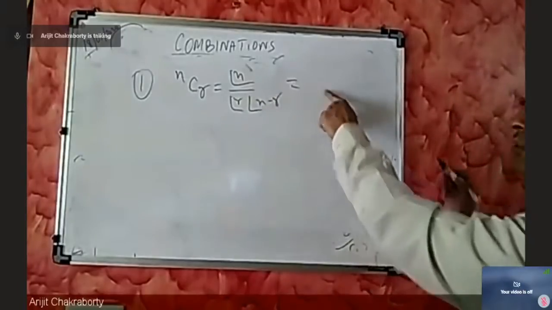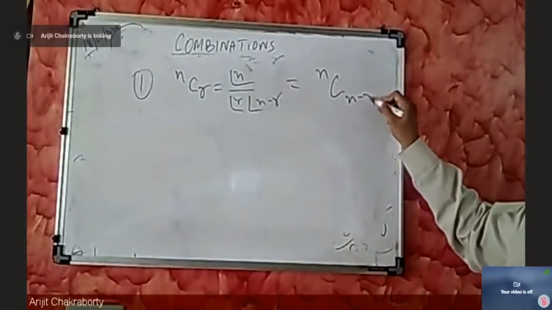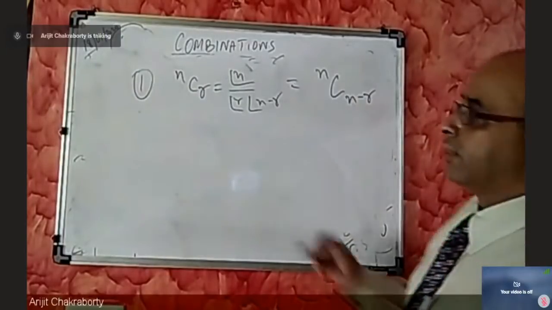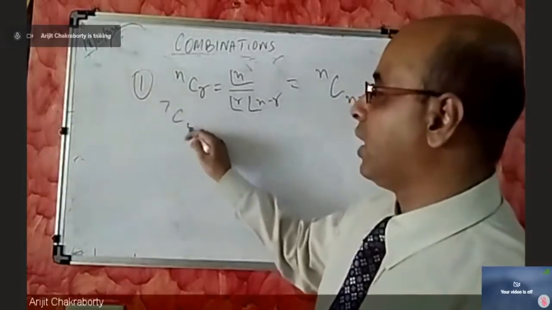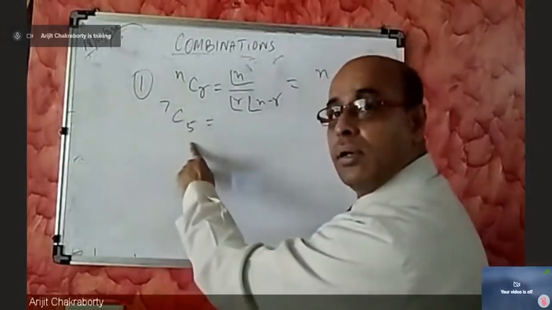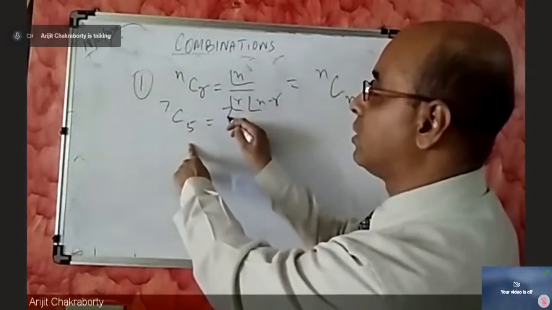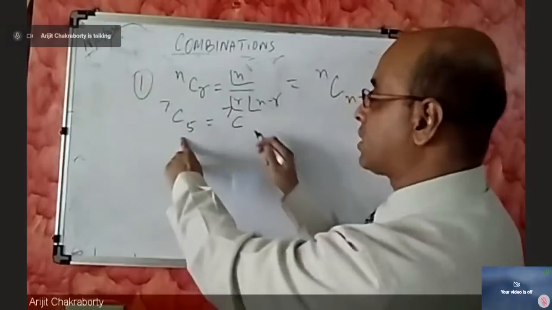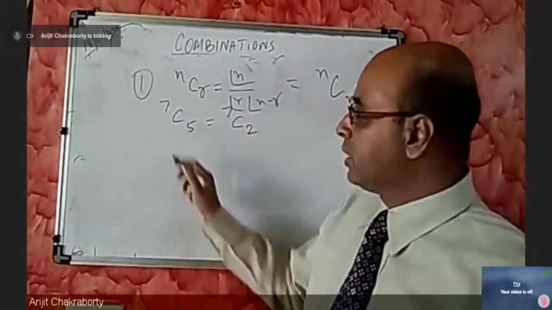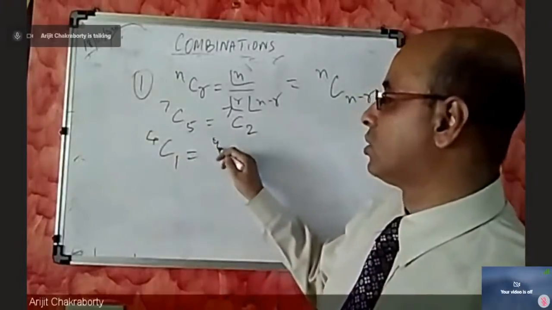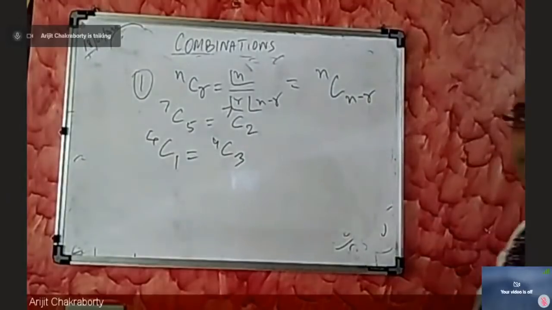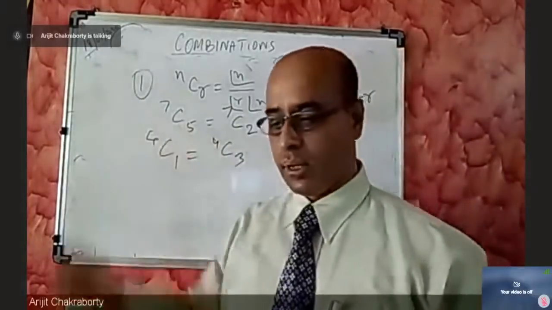But this is also equal to NC(N minus R). That means 7C5, where N is 7 and N minus R is 2. So 7C5 is equal to 7C2. Similarly, 4C1 is equal to 4C3. So this is the first formula.